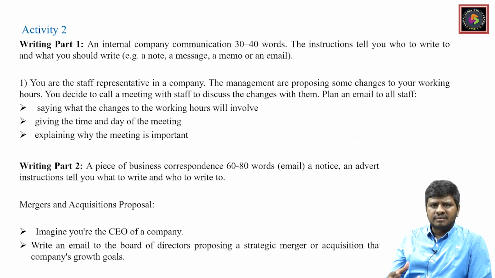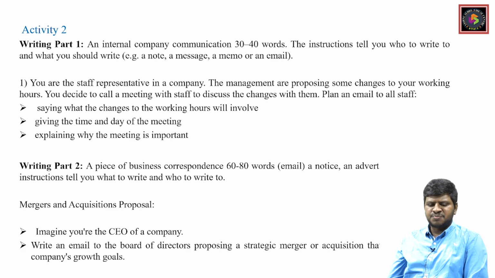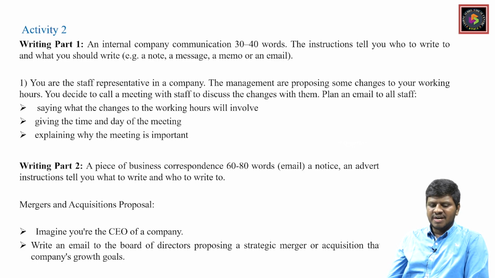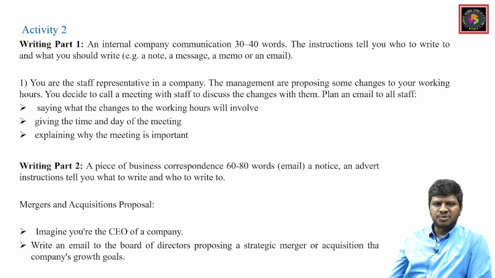Okay, after they get clarity of writing an email in a good manner, then they switch to writing part 2. A piece of business correspondence, 60 to 80 words. A notice, an advertisement, or etc. to read.